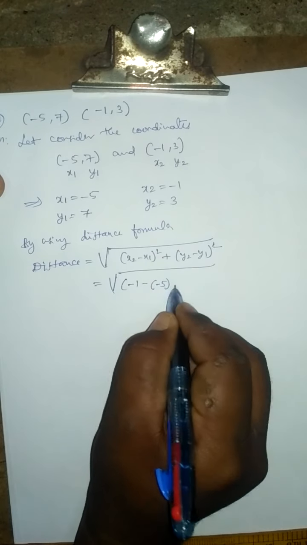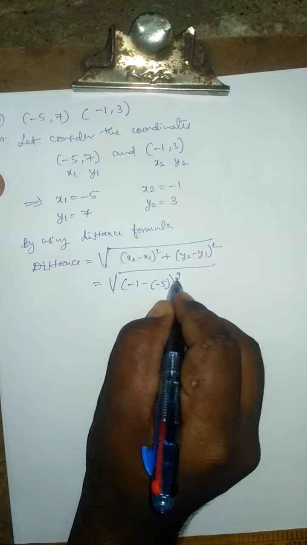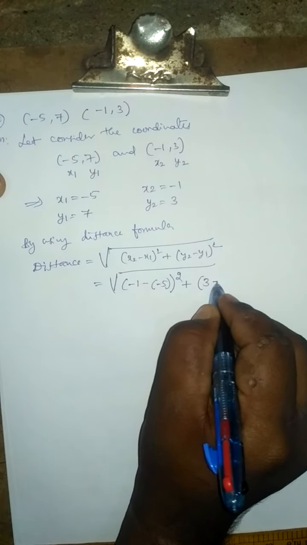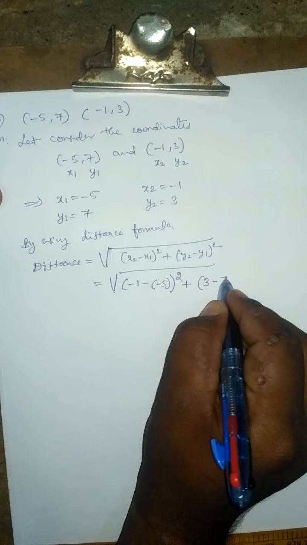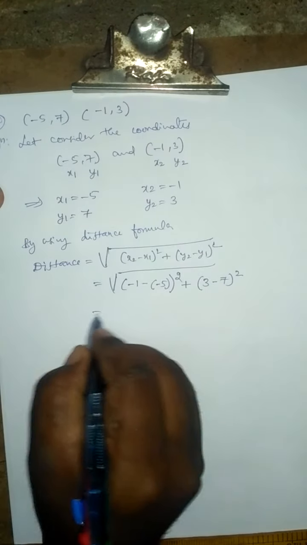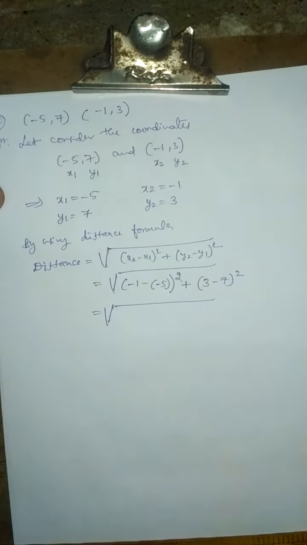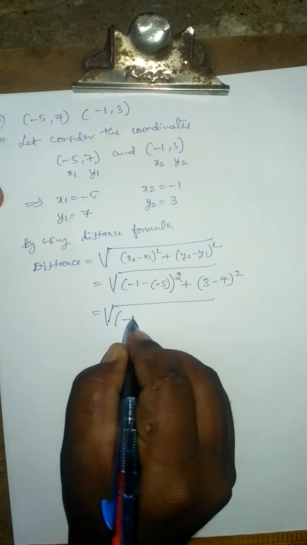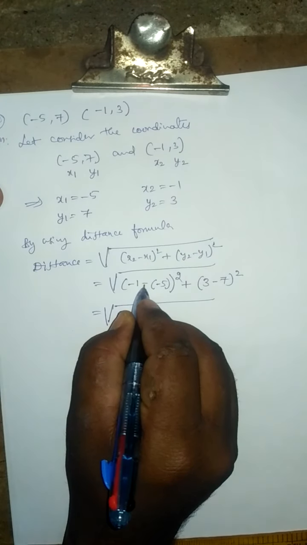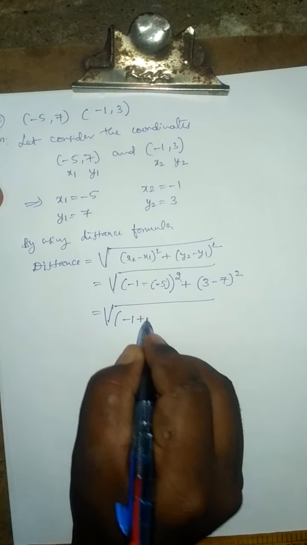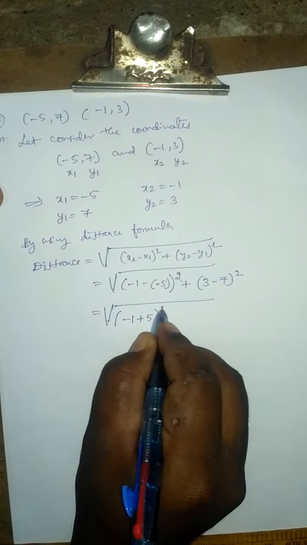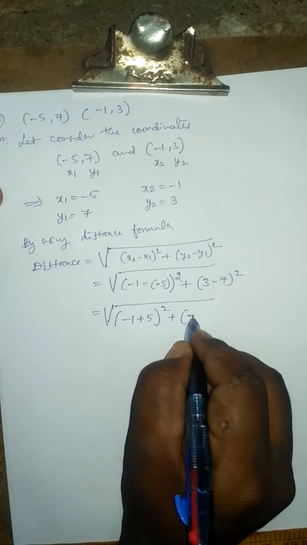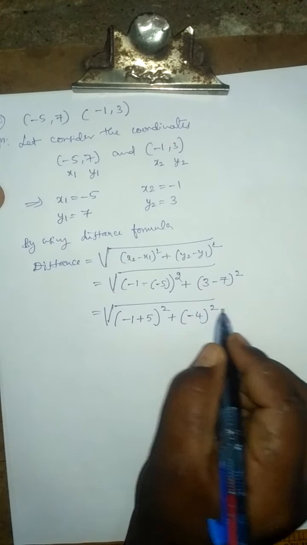Write it in a separate bracket, then close the bracket, then whole square, plus y2 value is 3 minus y1 value is 7, whole square. Now we simplify inside the under root only. Here this bracket as it is, minus 1 as it is, minus into minus is plus 5, then whole square as it is, plus 3 minus 7 is minus 4 whole square.